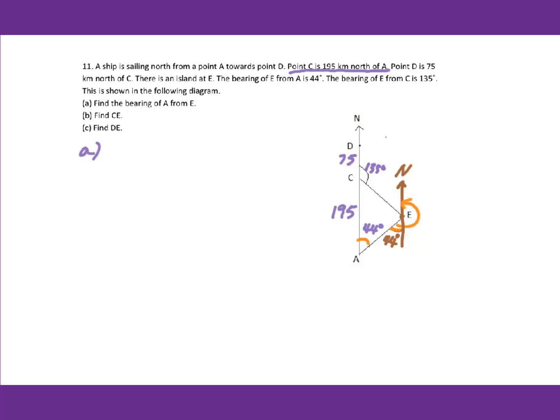Therefore, the bearing of A from E will be 44 degrees plus 180 degrees. That's 224 degrees.